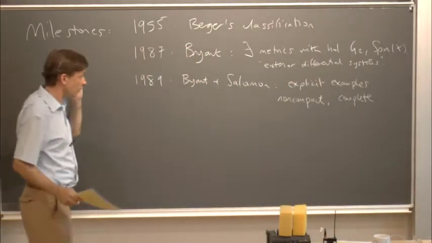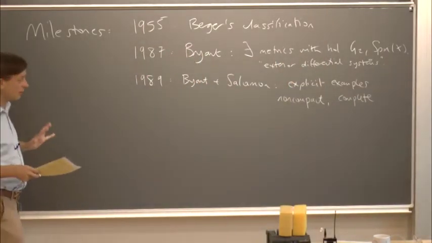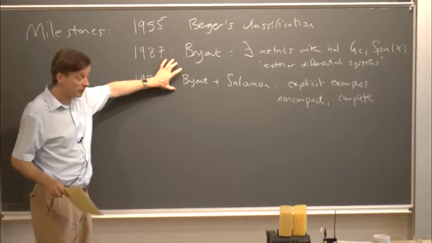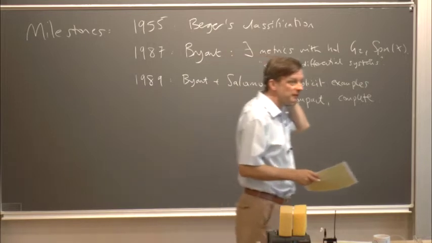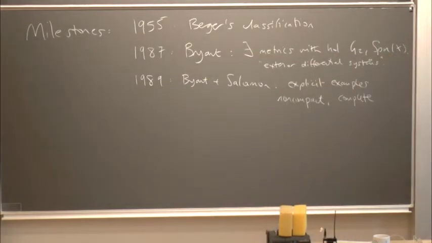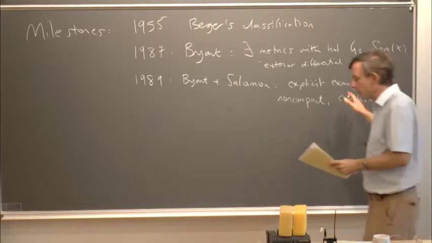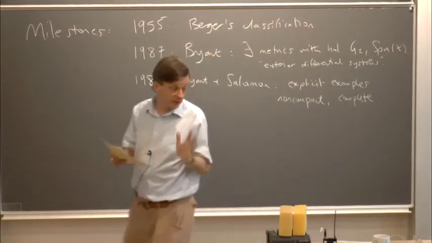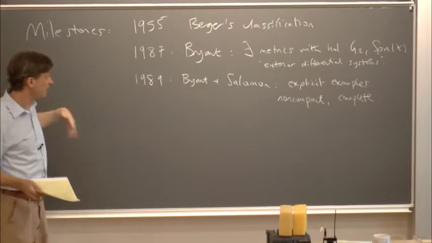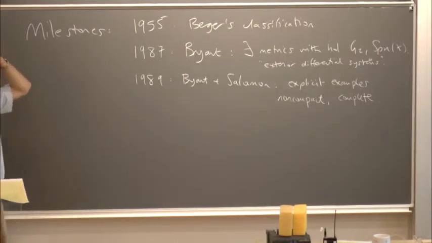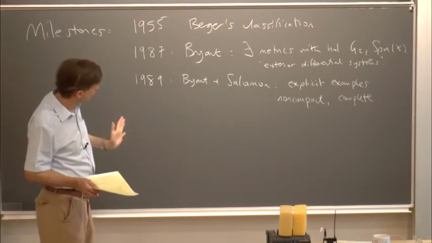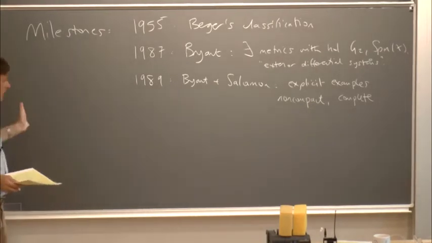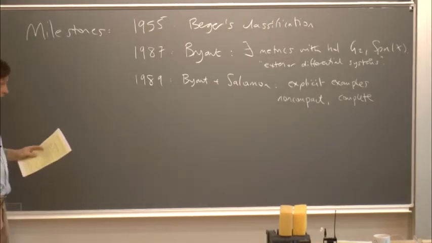And their method was to consider metrics with cohomogeneity 1. That is, you look at metrics with a large symmetry group acting so that the orbits have dimension 1 less than the whole thing, and then the condition for something to be a metric of holonomy G2 or spin 7 can be turned into an ODE upon the metrics on the orbits. And then they showed the ODE had solutions, some of which could be found explicitly.